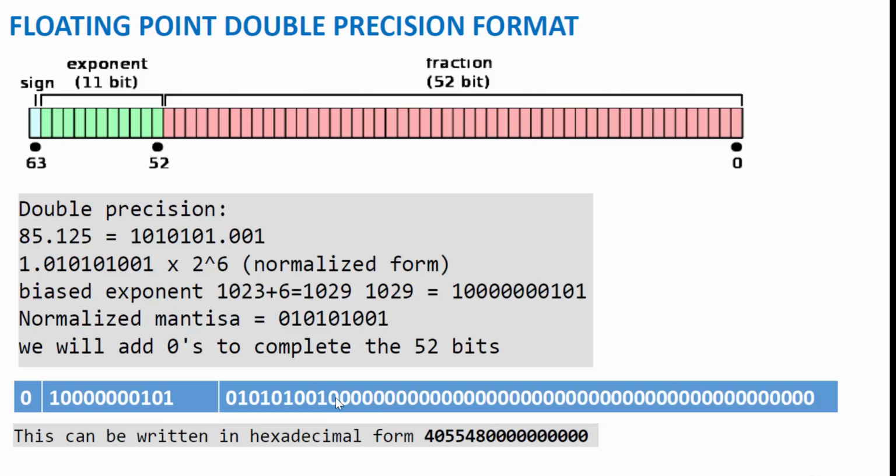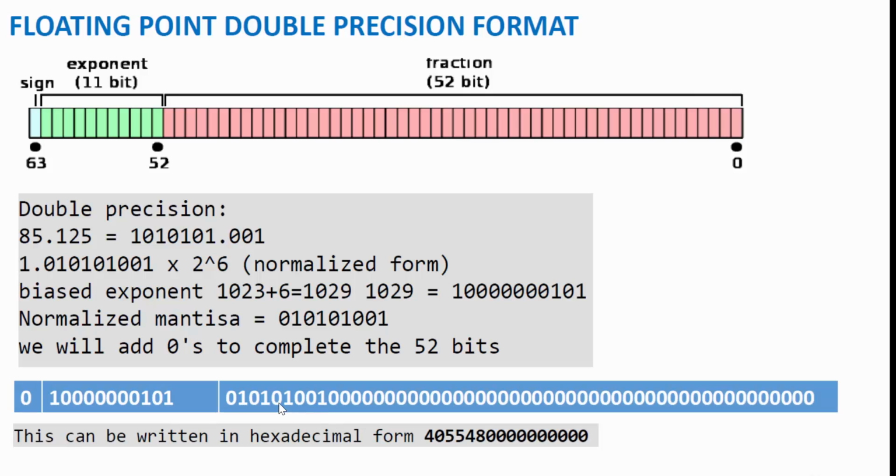So, for the remaining bits, we can append different number of 0 to make this entire field as 52. Here we need the mantissa in 52-bit representation. So first write this one as it is here.